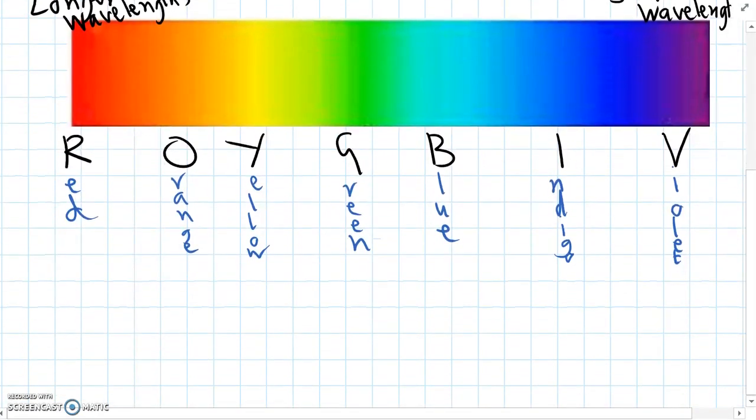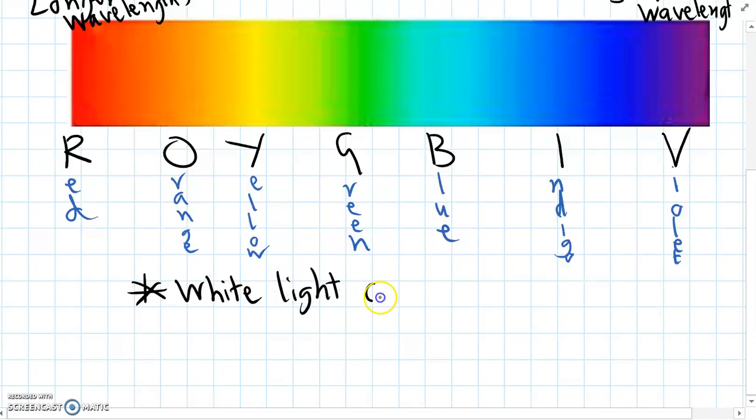So all the colors of the rainbow together, this makes up white light. Light that comes from the sun or from a light bulb. So actually, white light contains all the colors of the rainbow.